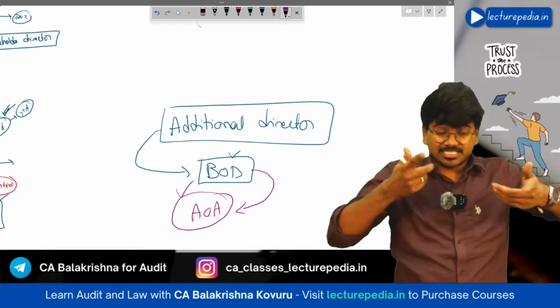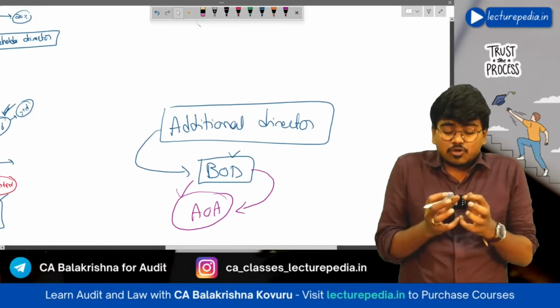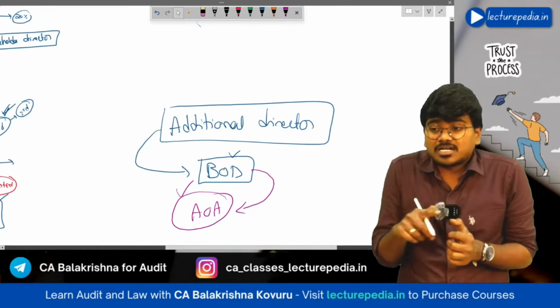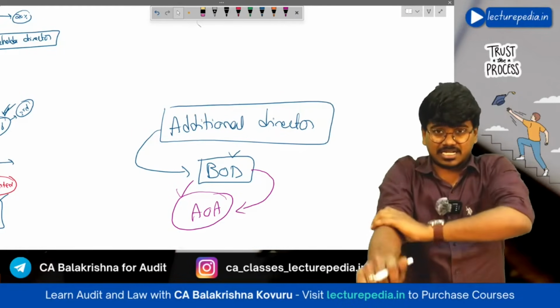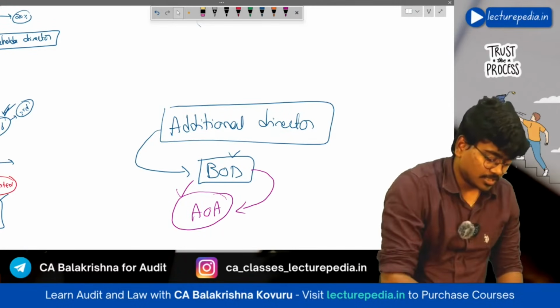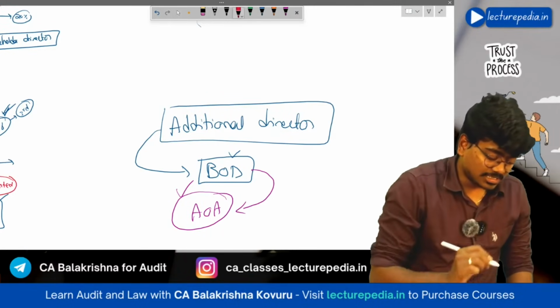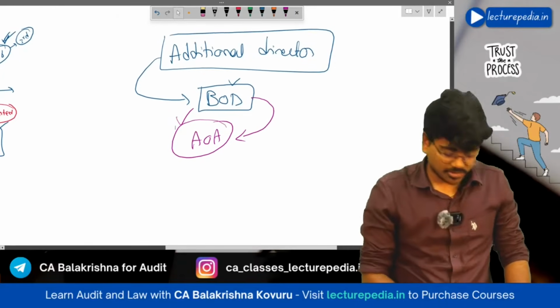In such a situation, if AOA is silent, AOA has not given power to board of directors to appoint additional director, but a company wants to appoint additional director, what will you do? Simply, you can alter articles of association. How can you alter articles of association?